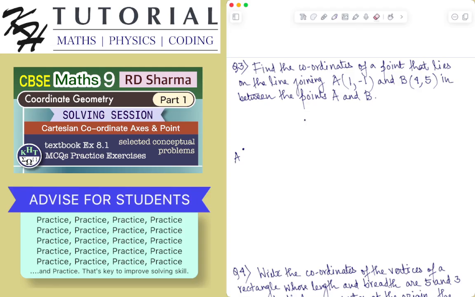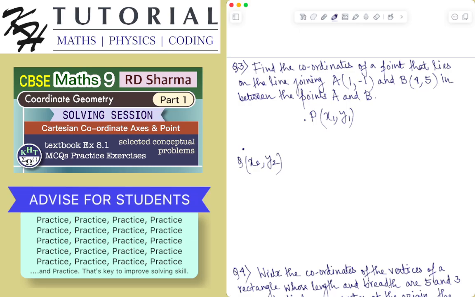Let's say P has coordinates x1 comma y1, and there is another point Q with coordinates x2 comma y2, and we don't know in which quadrant the points P and Q lie.